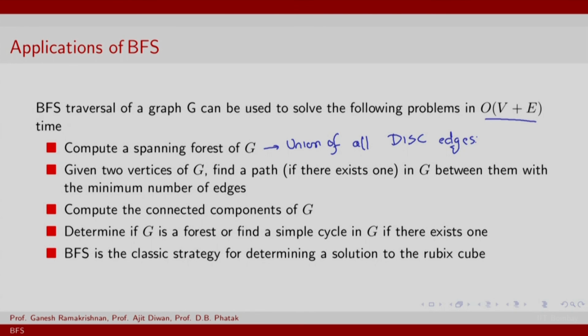Given two vertices of G, find a path, if there exists one in G between them, with the minimum number of edges. This basically means that if you are looking at the two vertices U and V, you just need to call BFS on G rooted at U, and dV is the length of that shortest path.